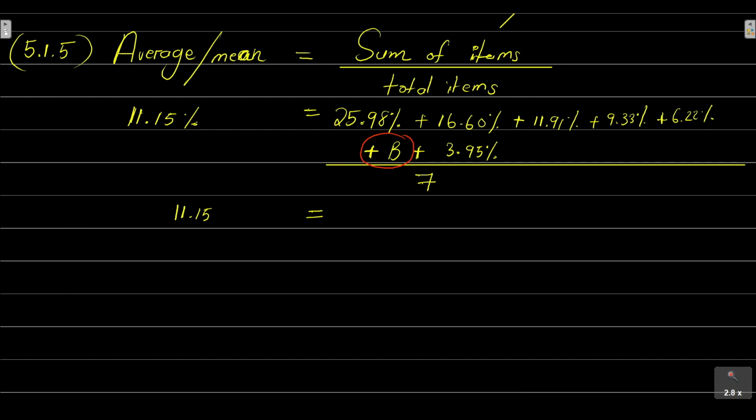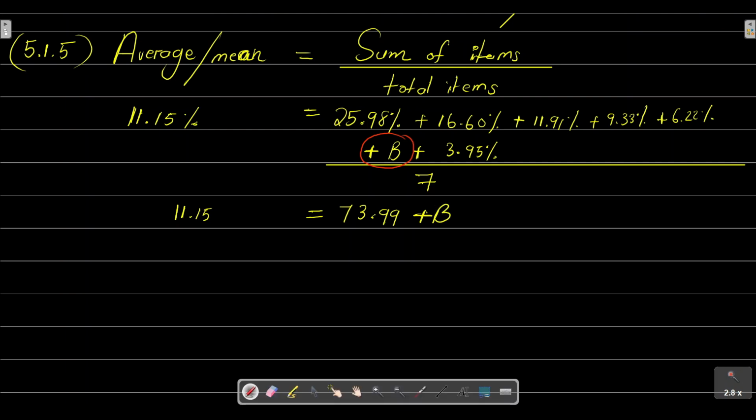If you take 25.98 plus 16.60 plus 11.91 plus 9.33 plus 6.22 plus 3.95, you get 73.99 percent, plus the B, divided by 7.